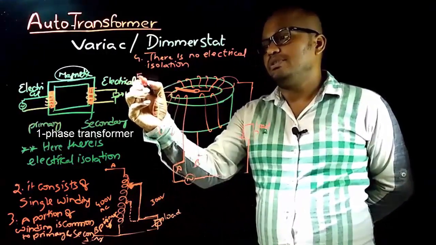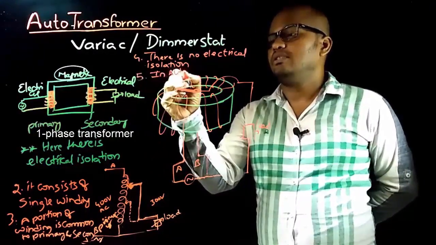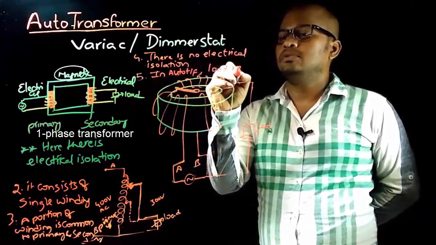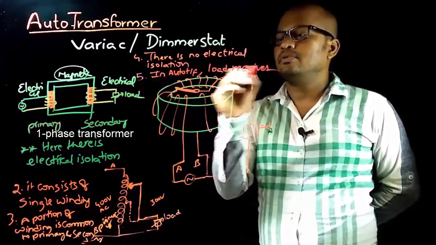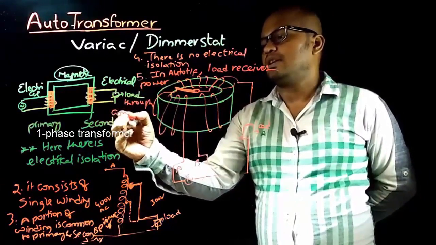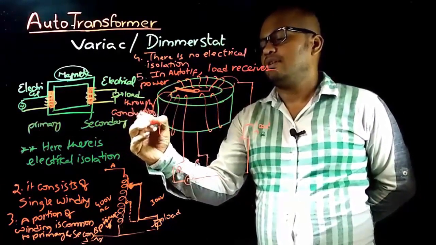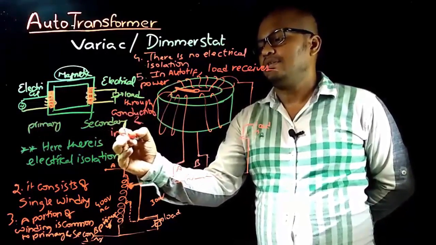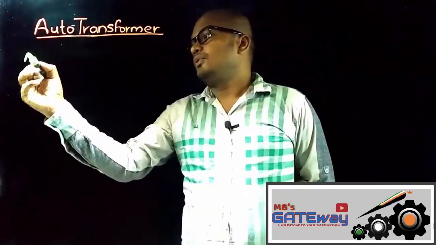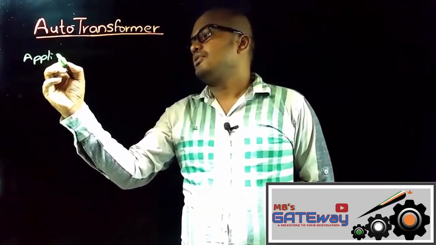So here the fifth point is, in autotransformer, load receives power through conduction and induction process.